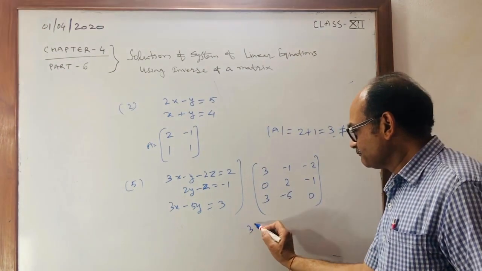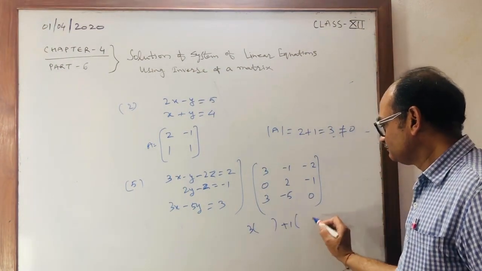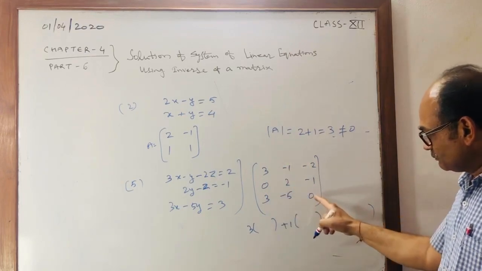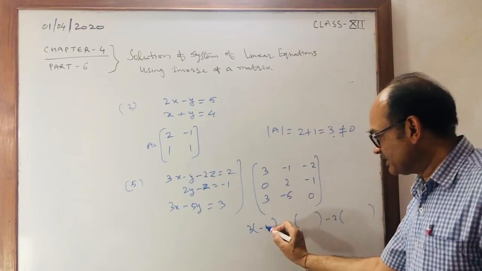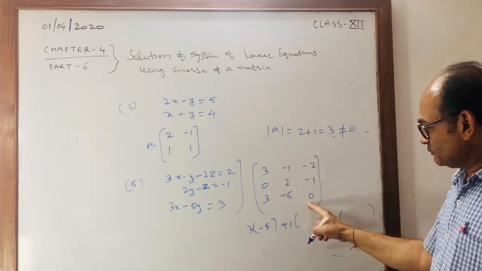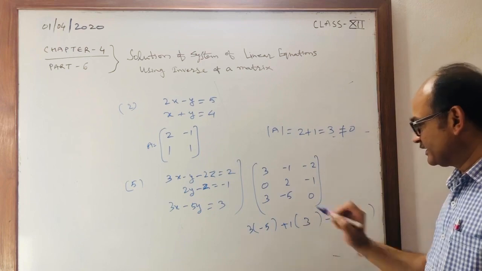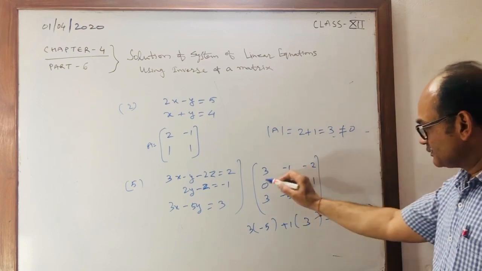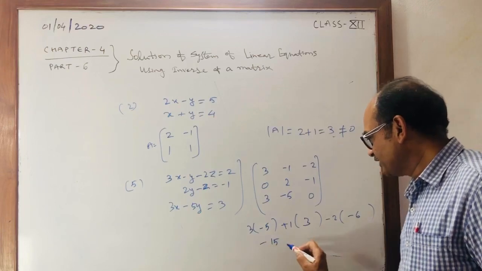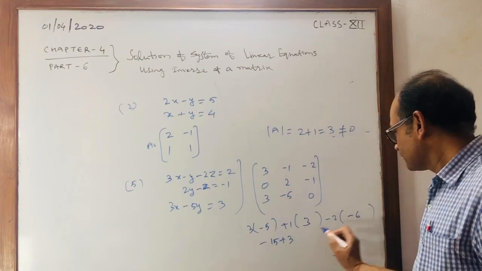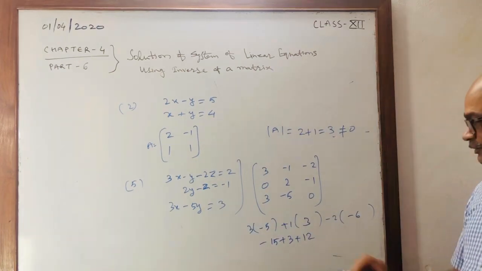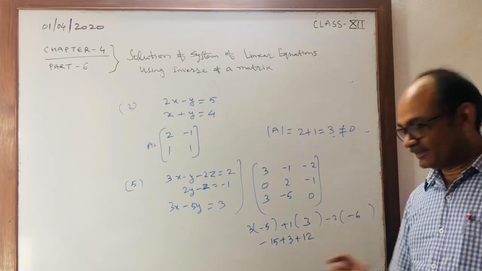So 3 plus 1 minus 2. Check. 0 plus 5, so minus 5. 0 minus 3, so plus 3. Last, 0 minus 6. The answer is minus 15 plus 3 plus 12. 12 and 3, 15 and 15.